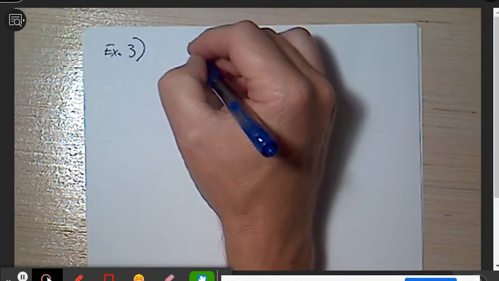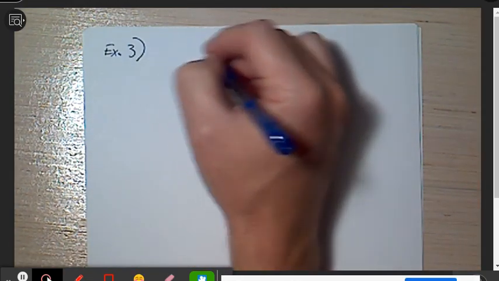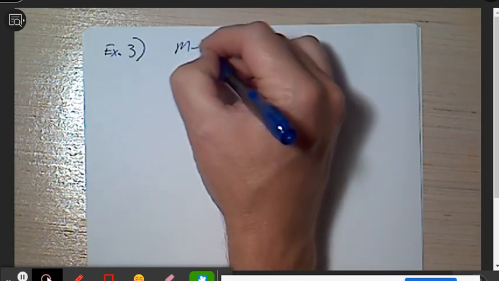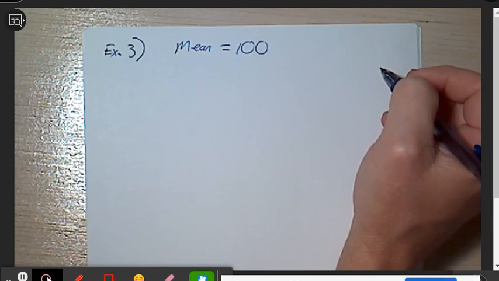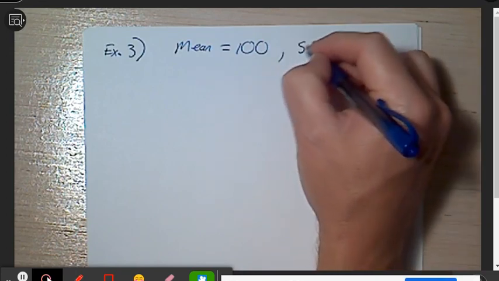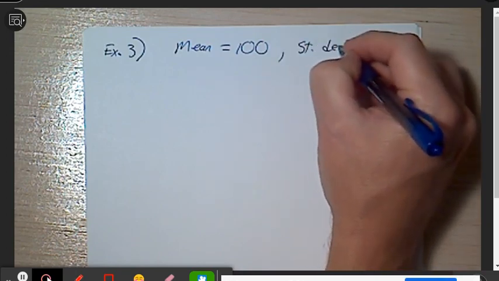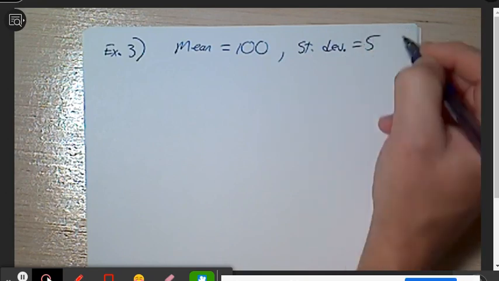All right, same setup as the last one. We're in a certain distribution. The mean is 100. Standard deviation is 5.